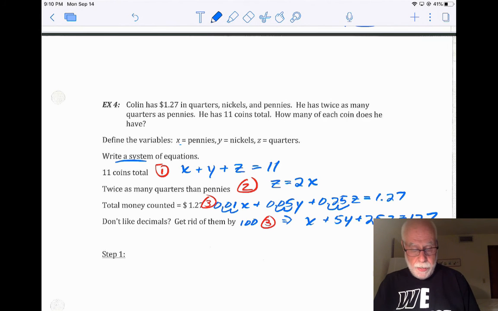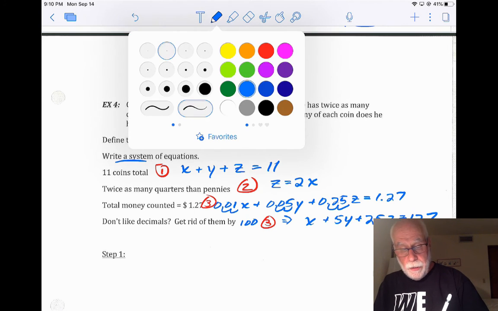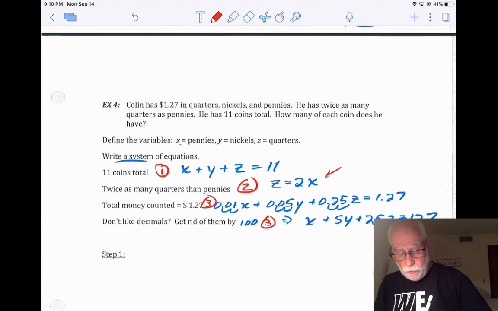All right, so on this one here, it's kind of easy because we already have one of the equations solved. All right, we have this one solved for z.